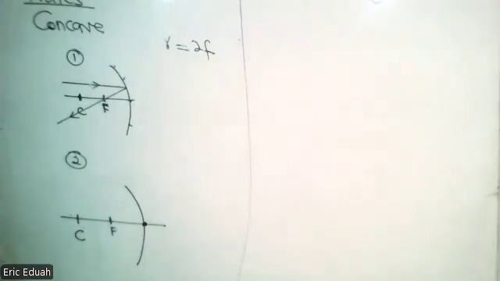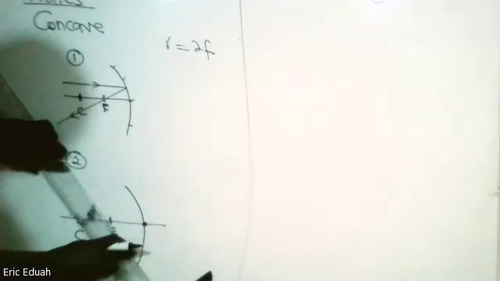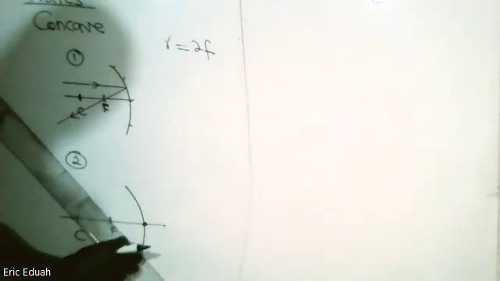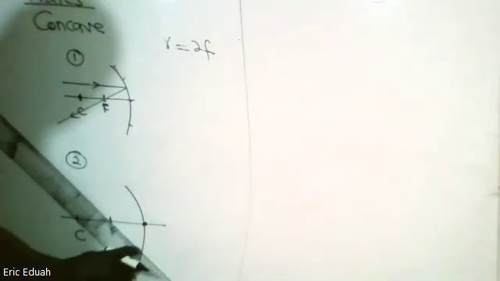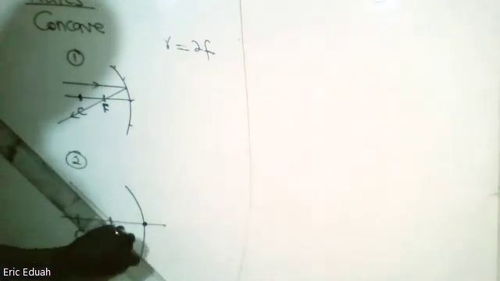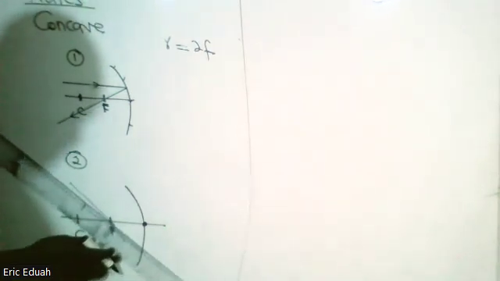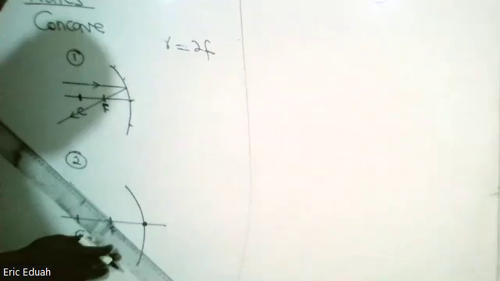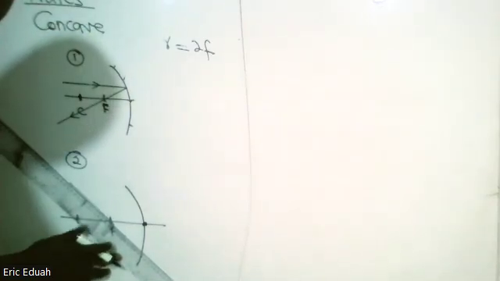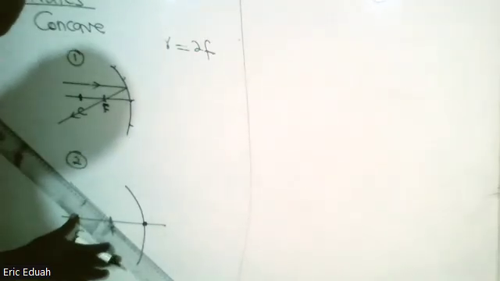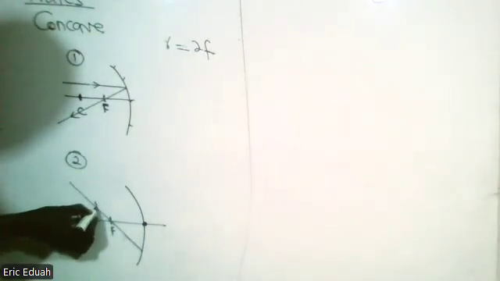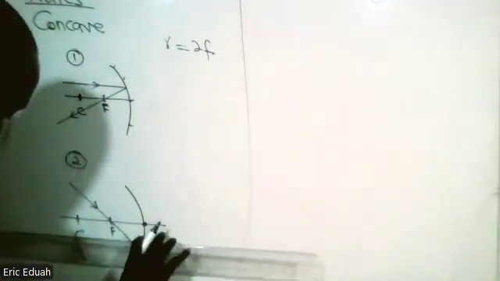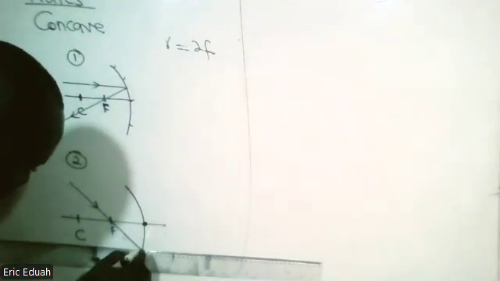The second rule is that when the ray is passing through F, either it is from somewhere passing through F, or the ray is actually from F. So all that I'm saying is that either the ray is from F or passing through F, after incidenting on the mirror, the reflected ray must be parallel to the principal axis.